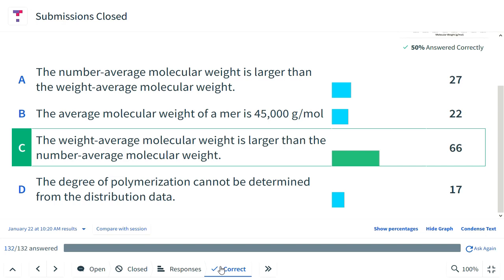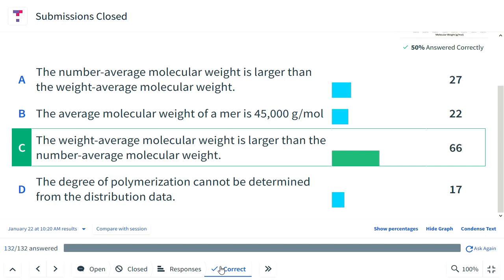Now, there is a significant number of you, about 50%, so maybe not the most glamorous number to write home about, that said the number average molecular weight is larger than the weight average molecular weight, and that is not true, so we'll talk about that.